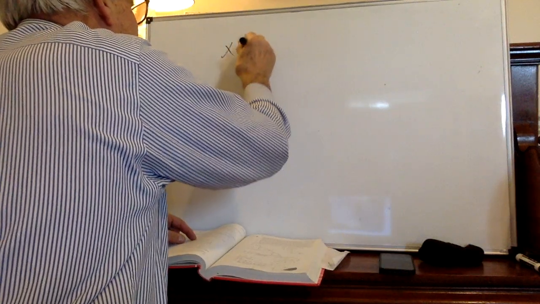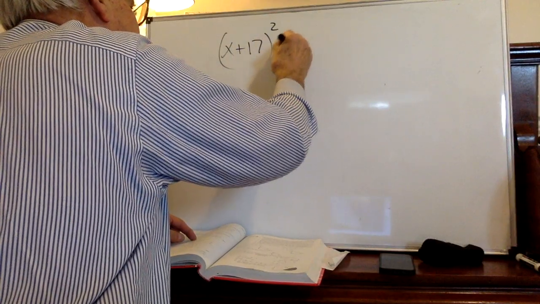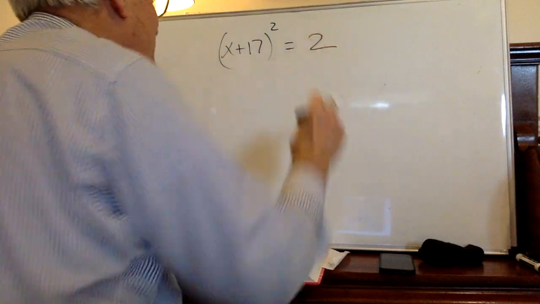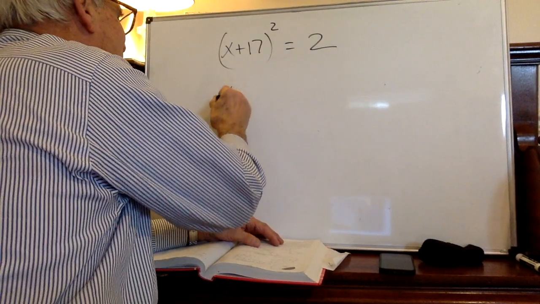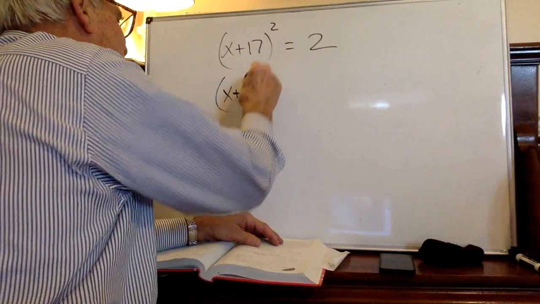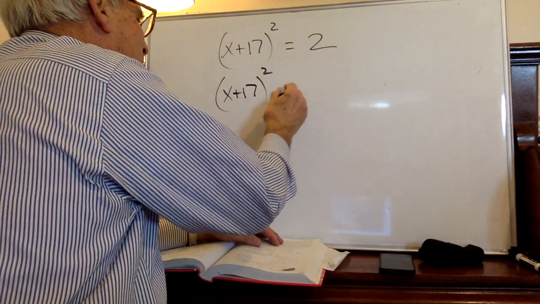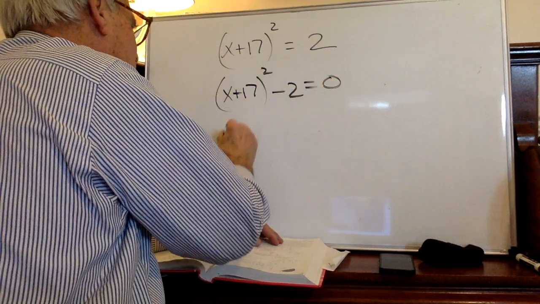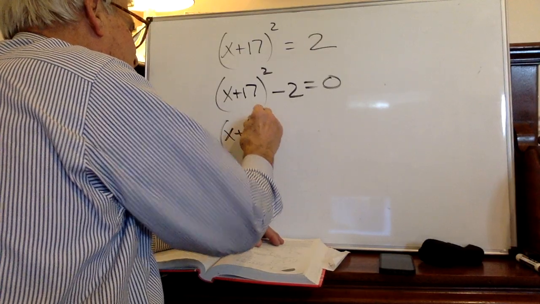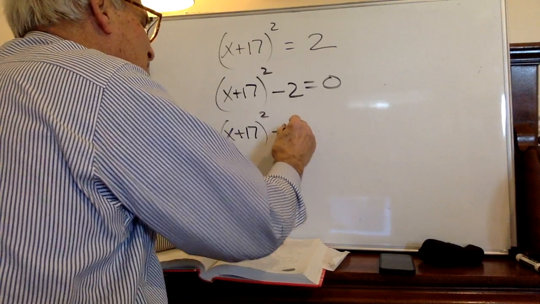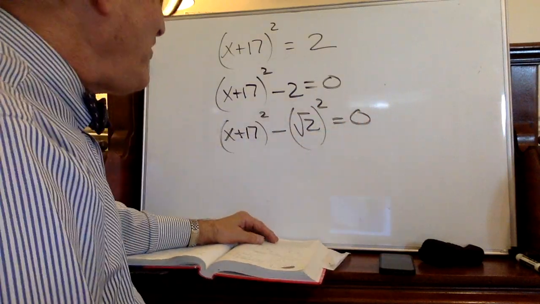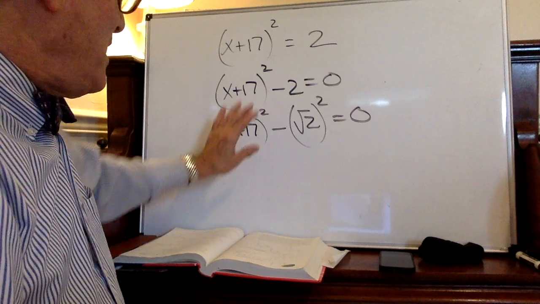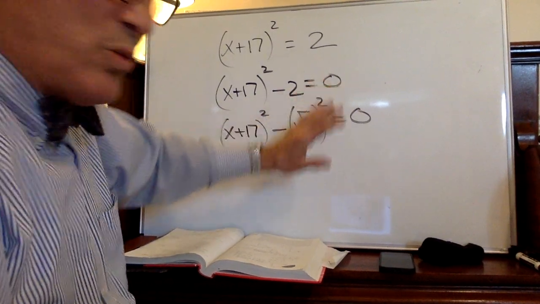All right? So if I had something like this, I could rewrite that as x plus 17 squared minus 2 equals 0, which is x plus 17 squared minus the square root of 2 squared equals 0. I now have it in the form that I need: perfect square minus a perfect square.